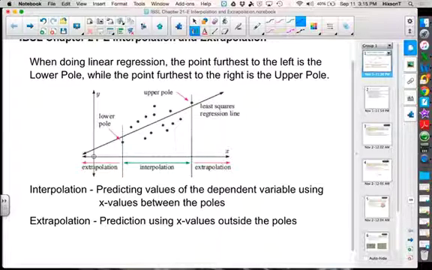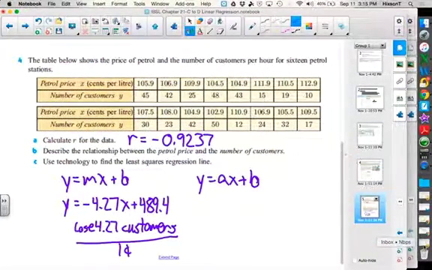As we saw with the homework problem, okay, when we extrapolate this down to where x is 0 and we're giving away free gas, is saying we're going to have 489.4 customers an hour accurate?